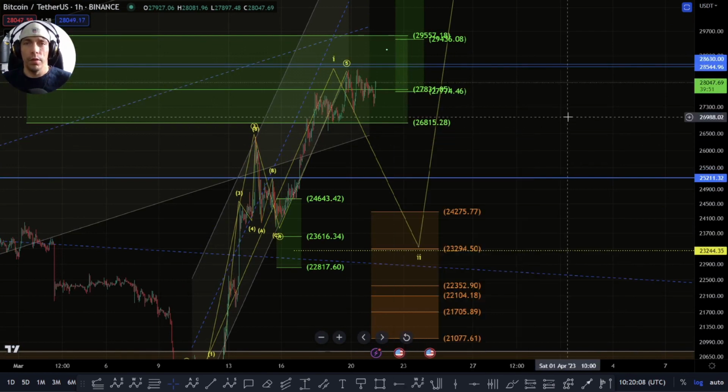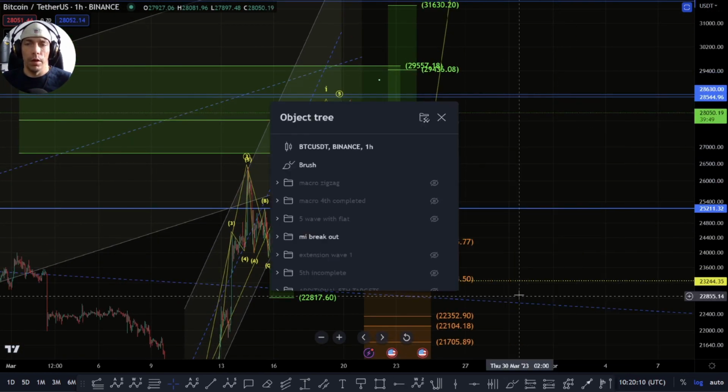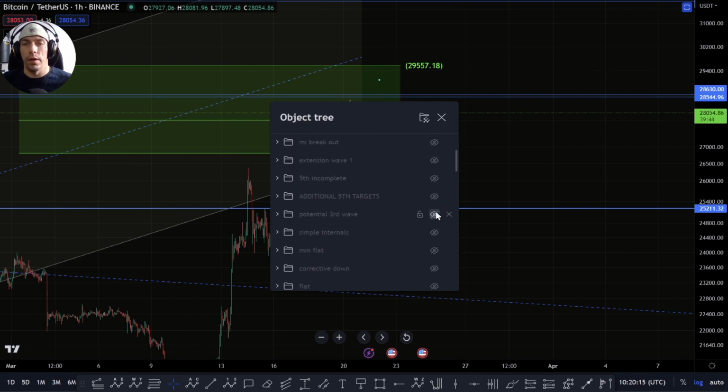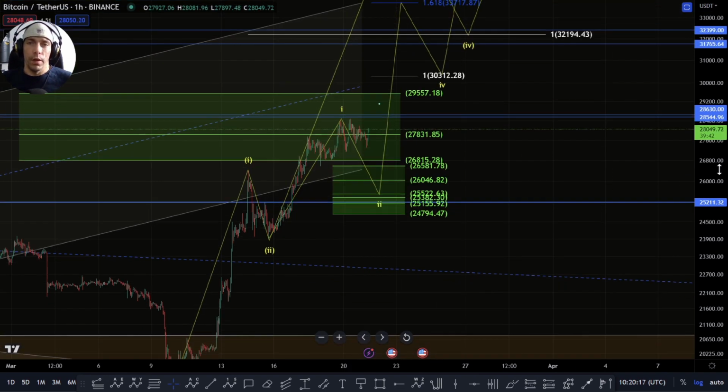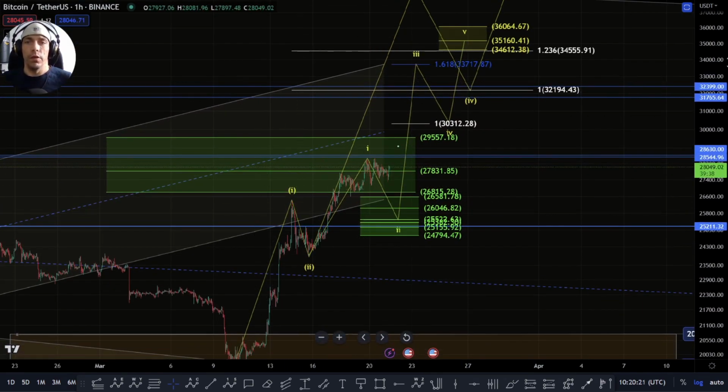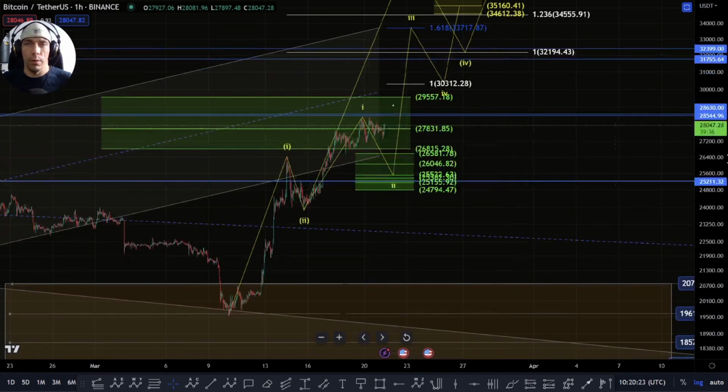Within this, what we've been aware of is we could still look at this whole move just as a three-wave move up. So if we're looking at even this bigger potential here, if we only just form a three-wave move that looks to push up, I just want to make sure. Yes, so it's this one.